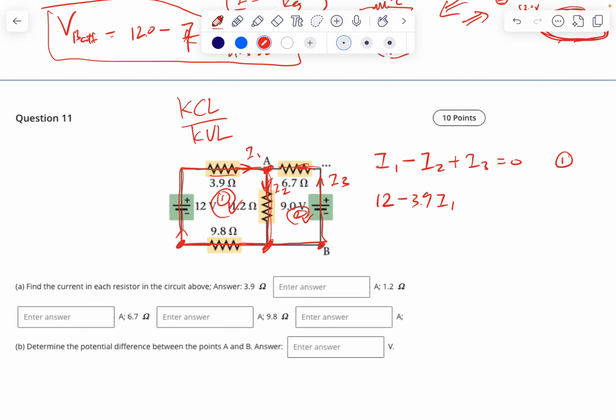Then we meet this 1.2 ohm resistor. Current direction and the loop direction are the same, minus 1.2 I2, right? Then we come here, we meet this 9.8, and the current direction and loop direction are the same, so minus 9.8 I1 equals 0.